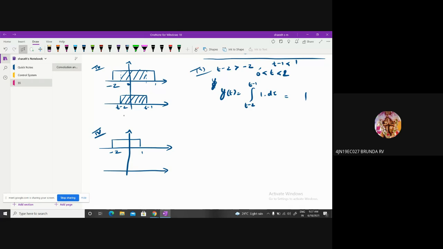T minus 2 is less than 1, that is, a little before 1.